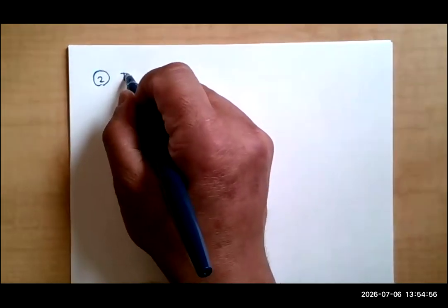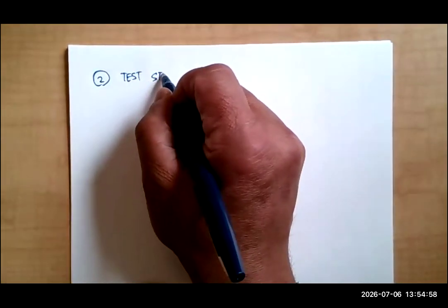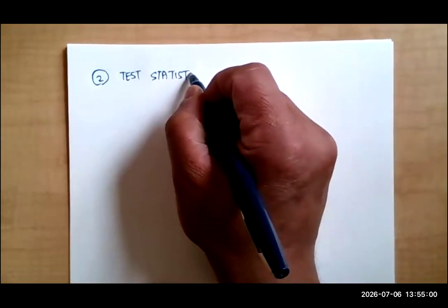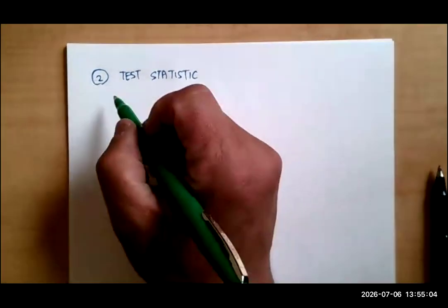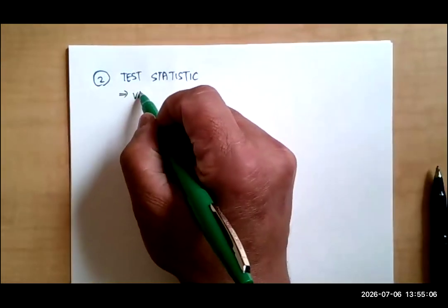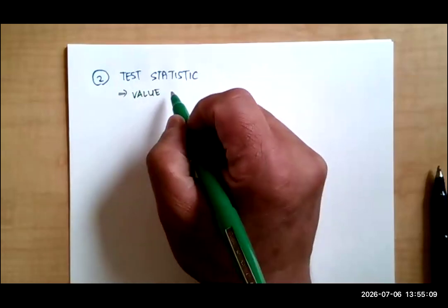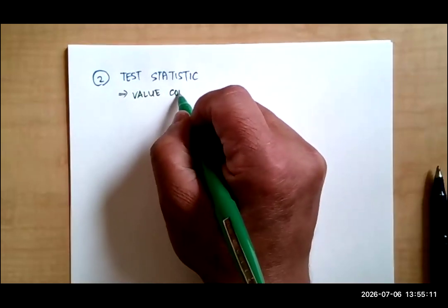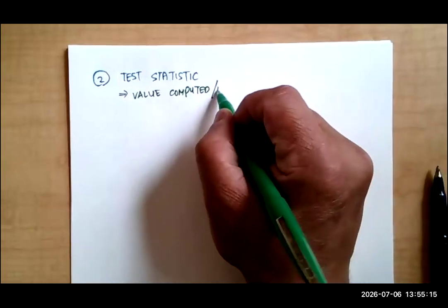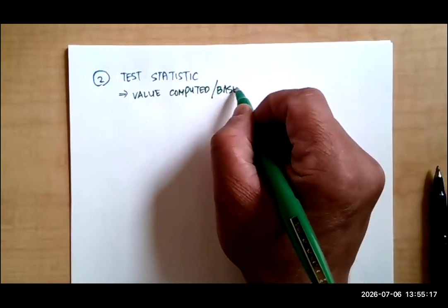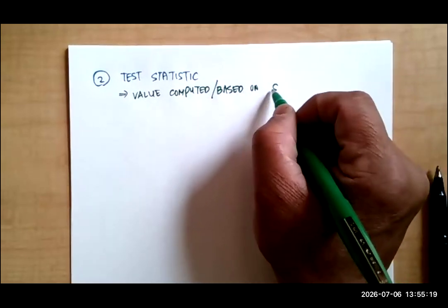All right, so the next step, now this is where our sample data comes in. Step 2, now we're going to look at our test statistic. With that test statistic, this is going to be our value computed, based on our sample data.